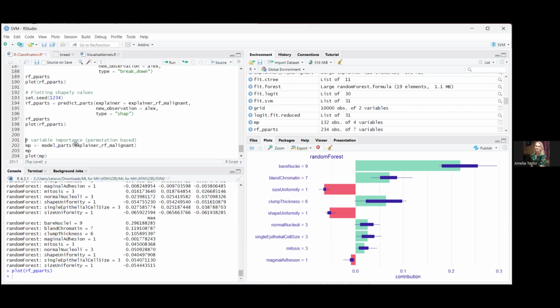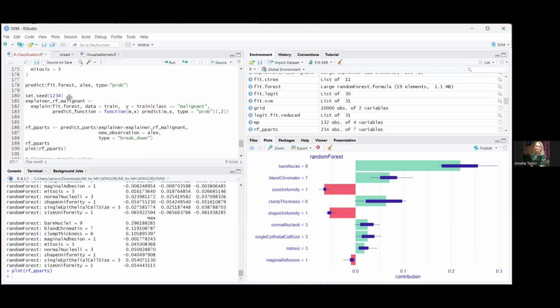Okay, there's a question: what do those values mean?